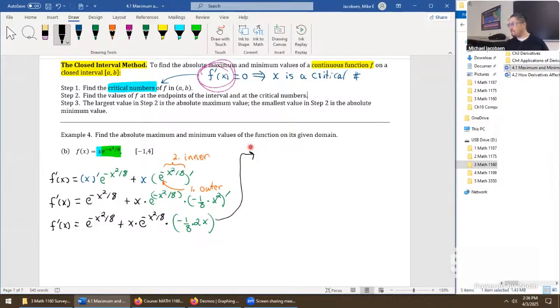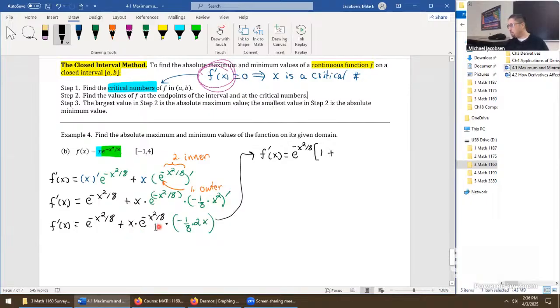So now finalizing this, we have f prime of x equals, looking at this format, if you see a greatest common factor, and you know you're going to eventually solve an equation set equal to 0, you definitely want to factor that out. So let's begin by factoring out e to the negative x squared over 8, leaving behind, from this term, just a 1. Visualize redistributing this back in to get the result down here.